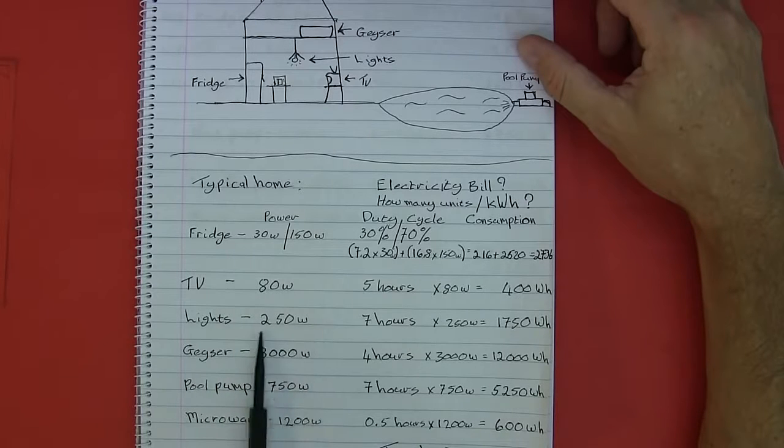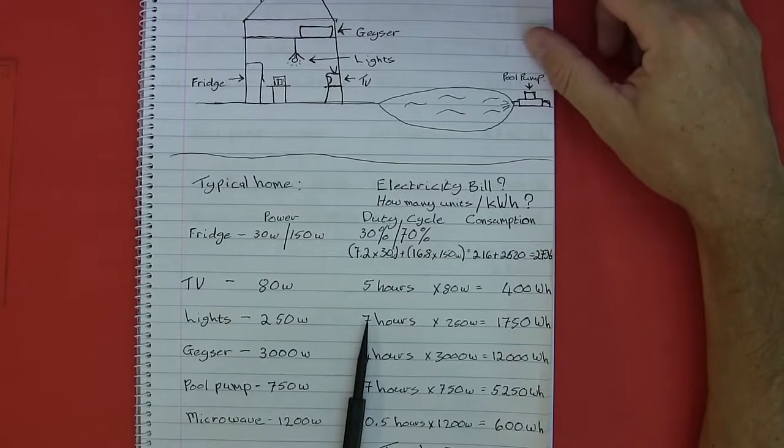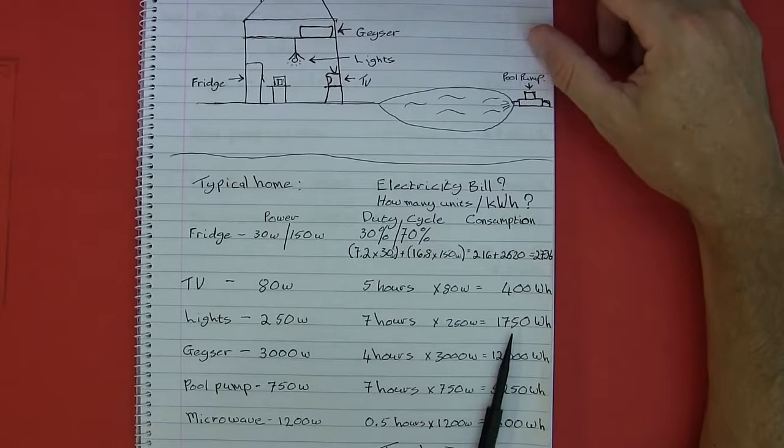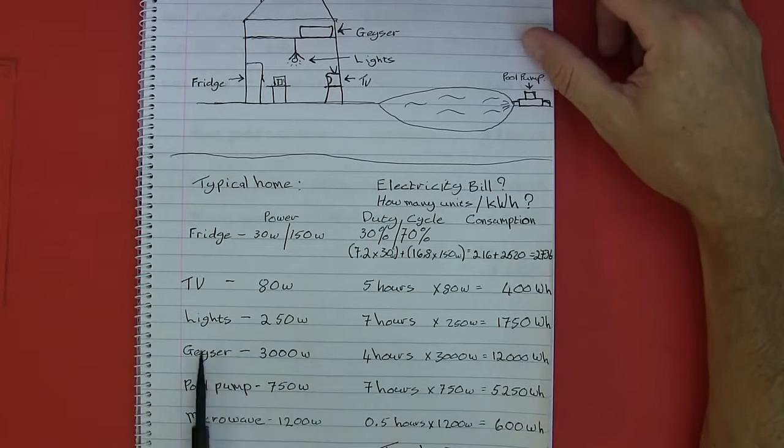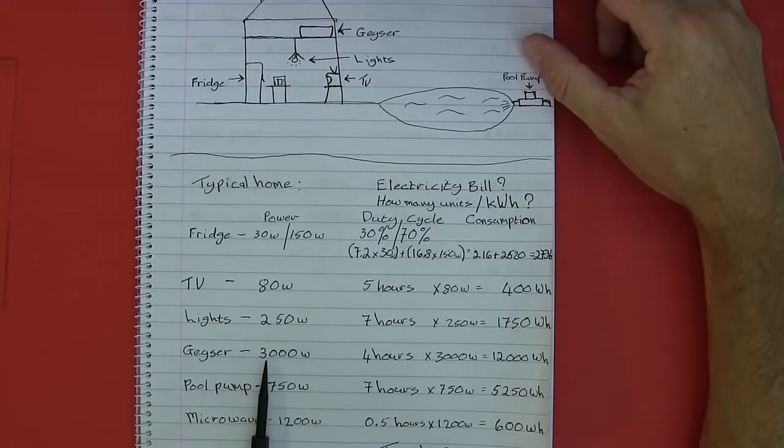In this example, I'm just going to say we've got a lounge and we've got 5 of those 50 watt downlighters, so that equates to 250 watts. And if those are switched on for approximately 7 hours a day, 7 hours times the 250 watts would equate to 1,750 watt hours.